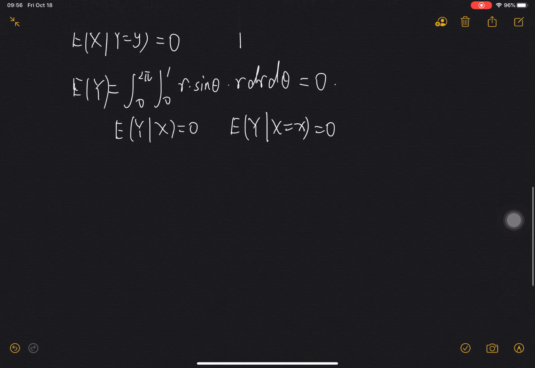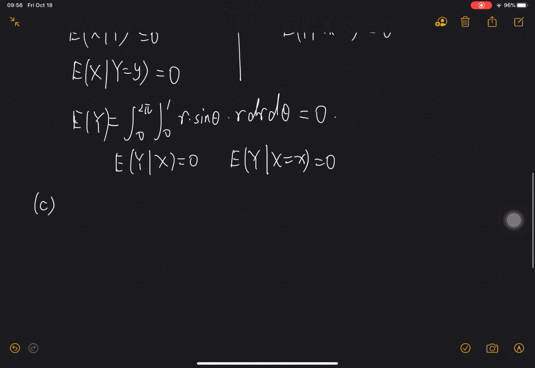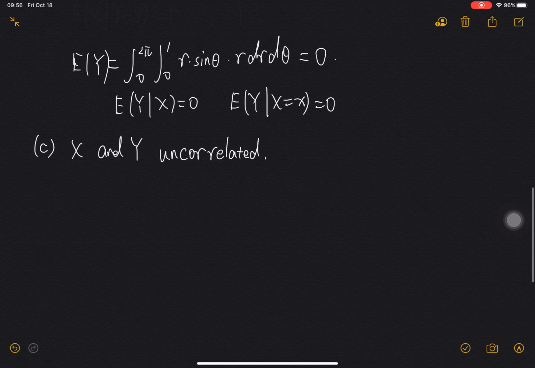Alright, the last question, question C: we need to prove or disprove that x and y are uncorrelated. Also, we need to find the expectation of x times y.